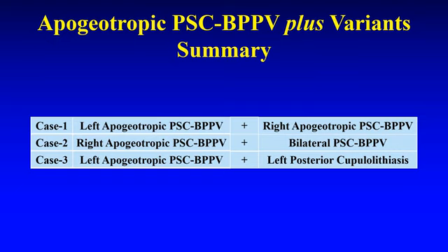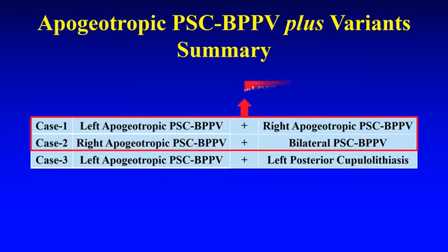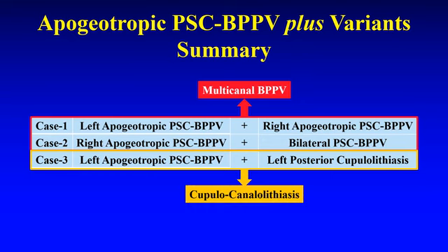So case 1 and case 2 are in fact multi-canal BPPV, where one of the canals was the posterior canal but the non-ampullary arm near the crus commune, and case 3 is a case of cupulocanalolithiasis.